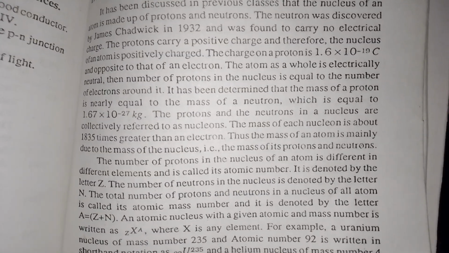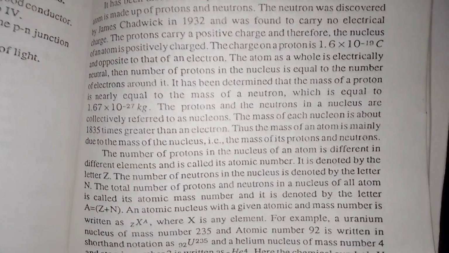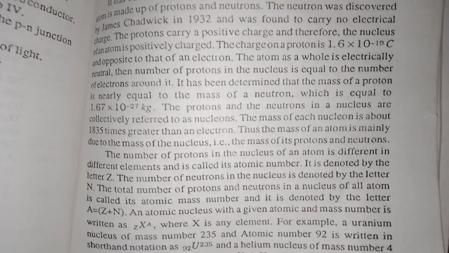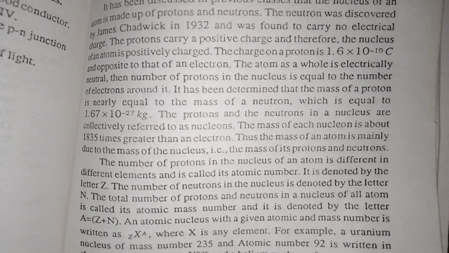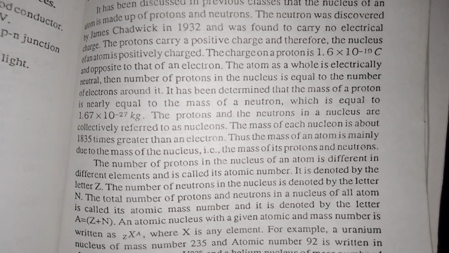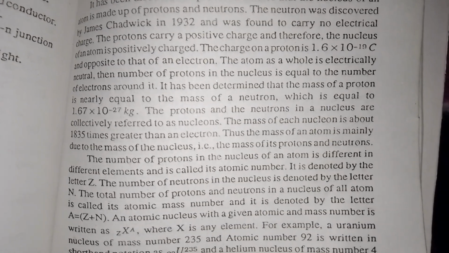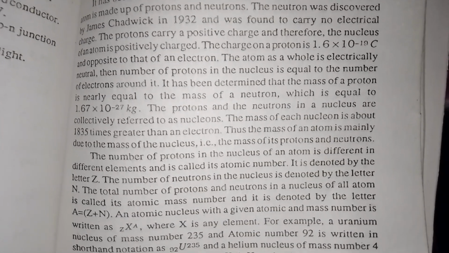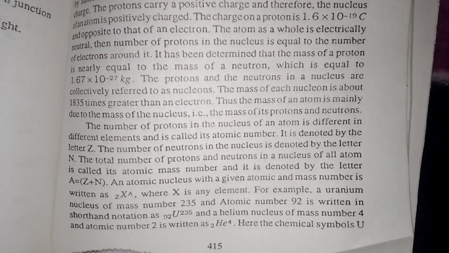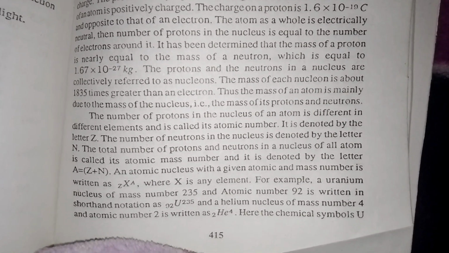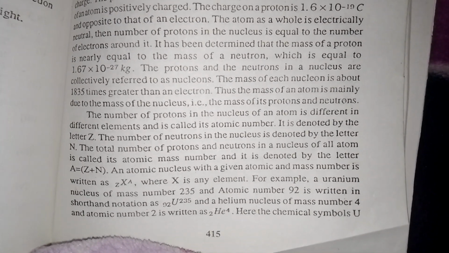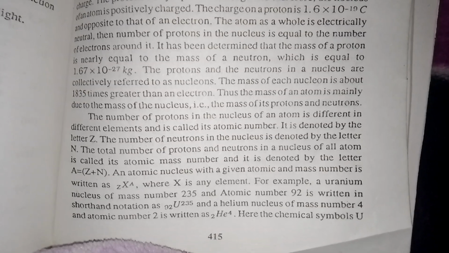Thus, the mass of an atom is mainly due to the mass of the nucleus, that is, the mass of its protons and neutrons. The number of protons in the nucleus of an atom is different in different elements and is called its atomic number.